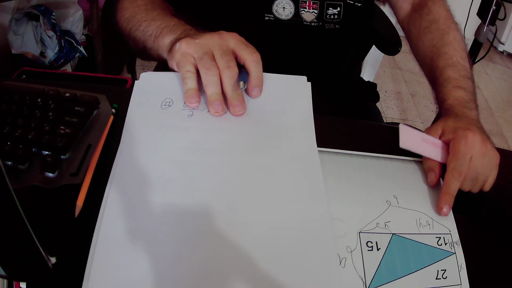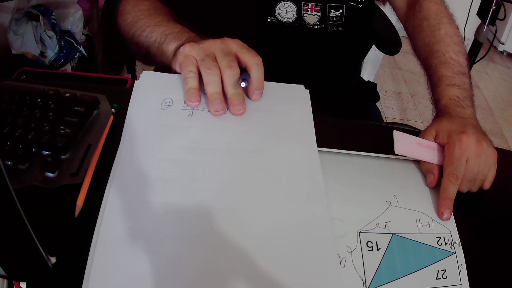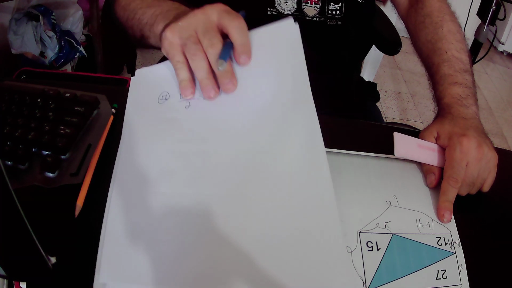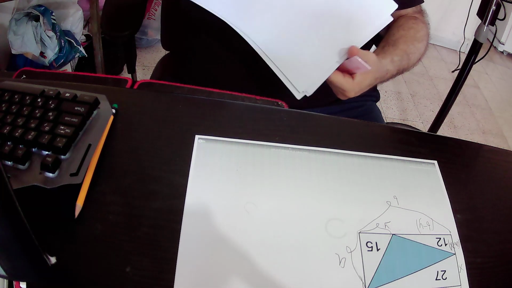And the last triangle is the triangle whose area is 12 units. We want to create the formula for this area.